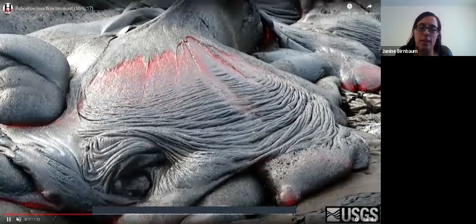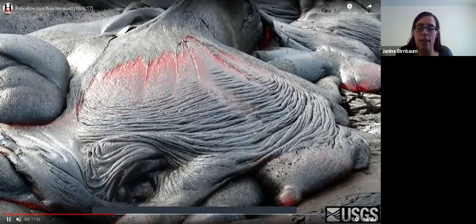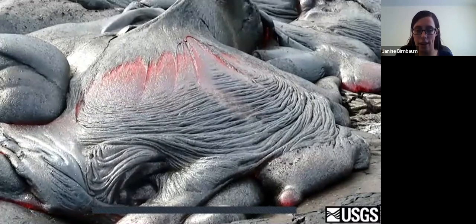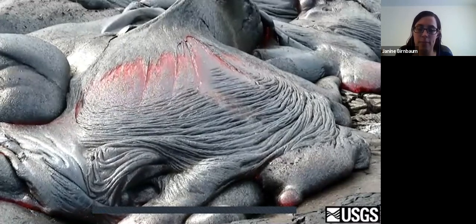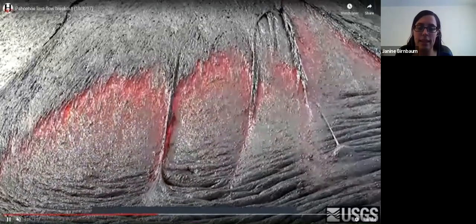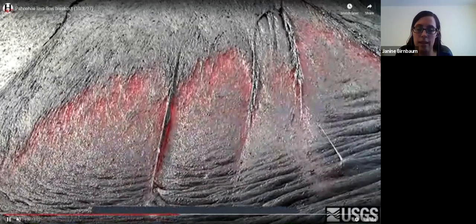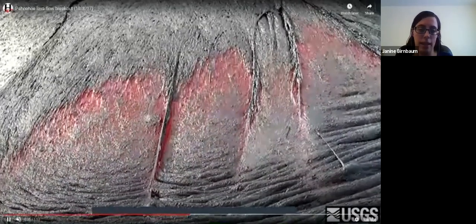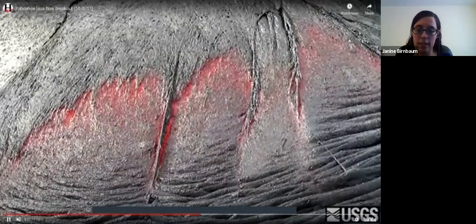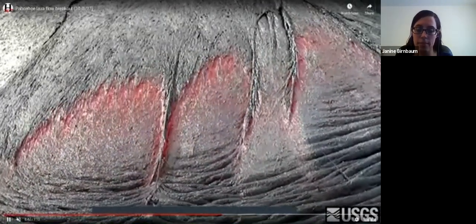These are typically what we would call an effusive eruption, where lava is slowly oozing out of a volcano. You can see here where it's red, that's where it's hottest, and where it's dark is where it's cooled a little bit, and even in some places is solid. It's cooled enough that it's a solid here at the outer rind.